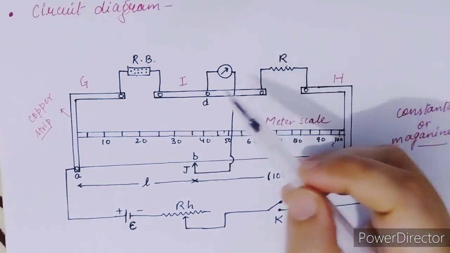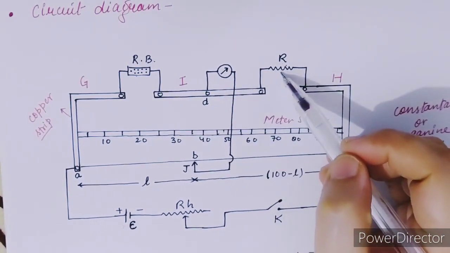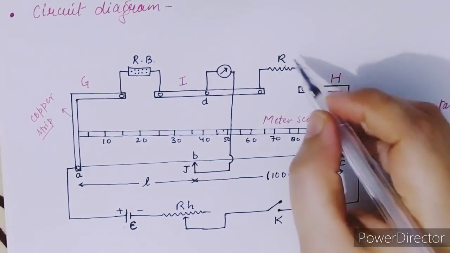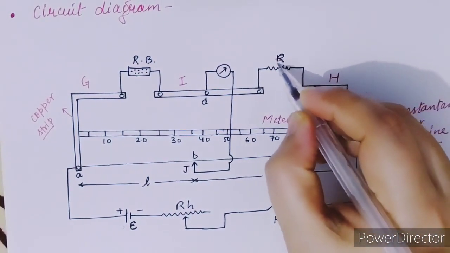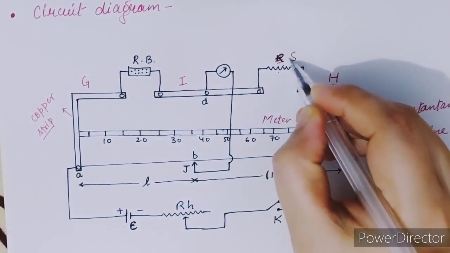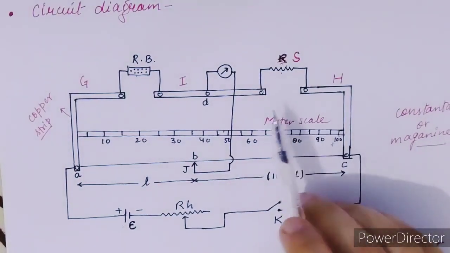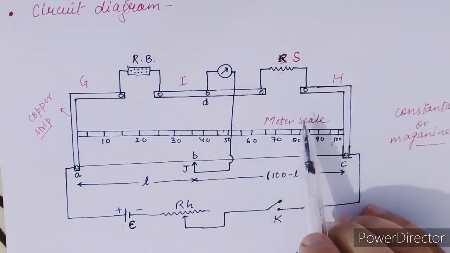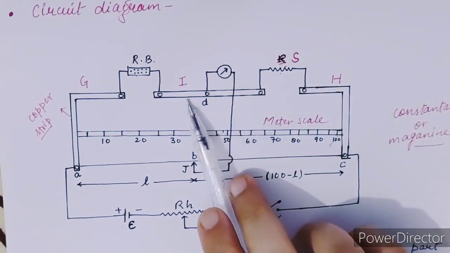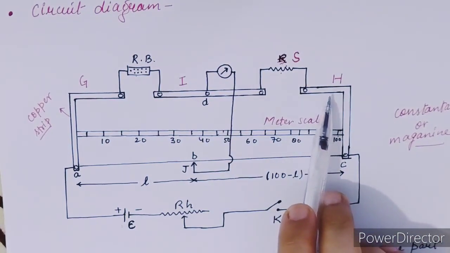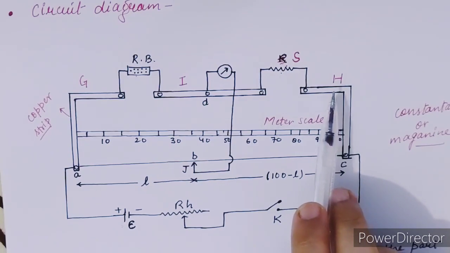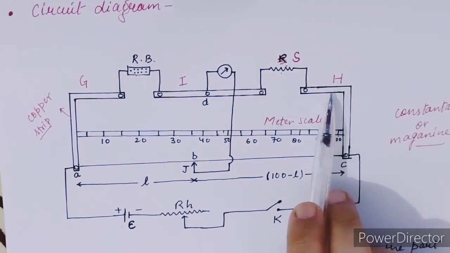As we have given in your Wheatstone bridge, it has the name S. Don't be confused, we are replacing it by S only. So the unknown resistance wire has been connected between the strips I and H. Clear? Any doubt, any problem till here?